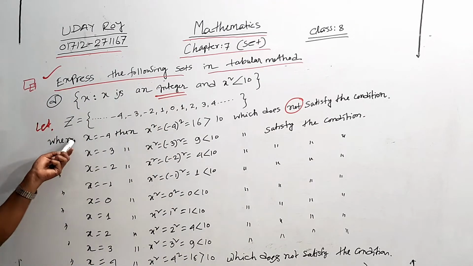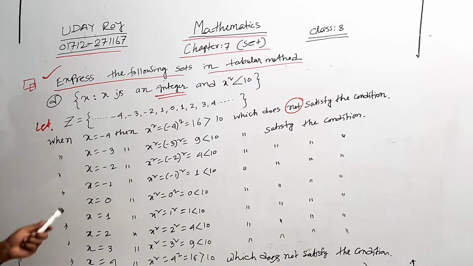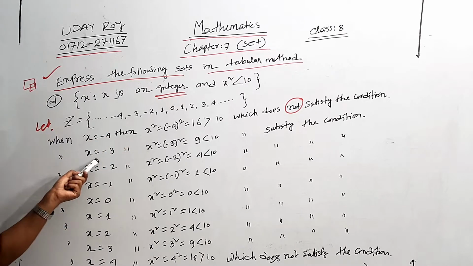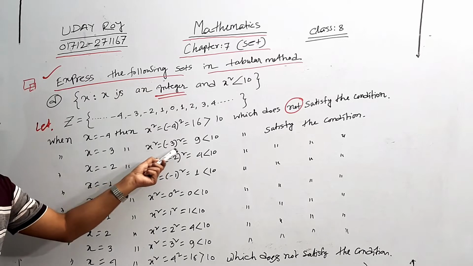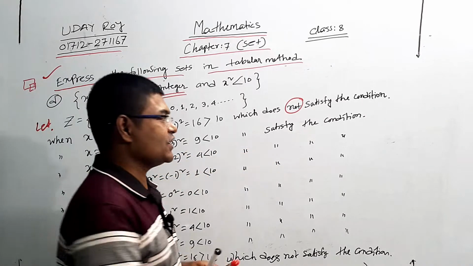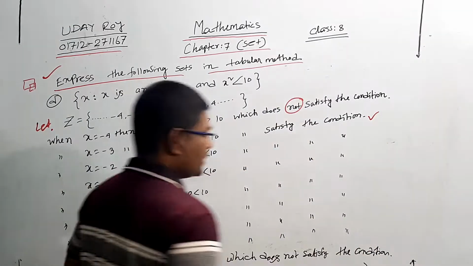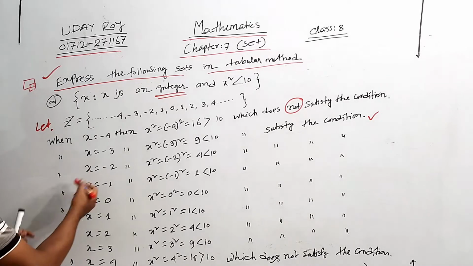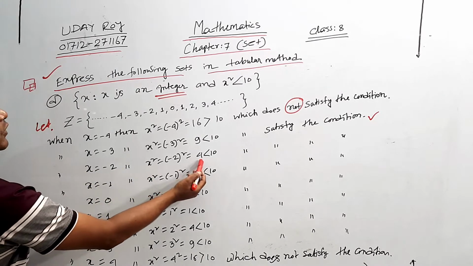So we cannot take x equals -4. Another: x equals -3, we have 3 square equals 9, less than 10, which satisfies the condition. So we can take -3.